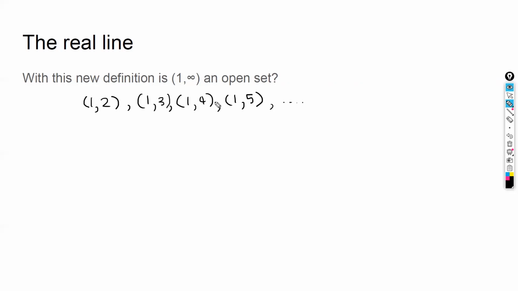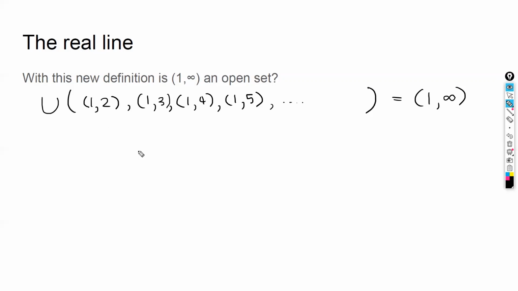I can take this infinite list of intervals, and I can take the union of all of them, and that will be (1, infinity). And since I constructed this interval out of my basis elements using the closed under unions definition of a topology, this thing will be an open set.